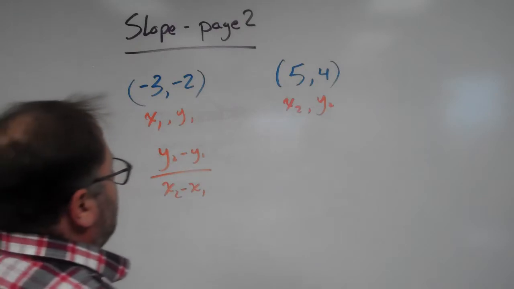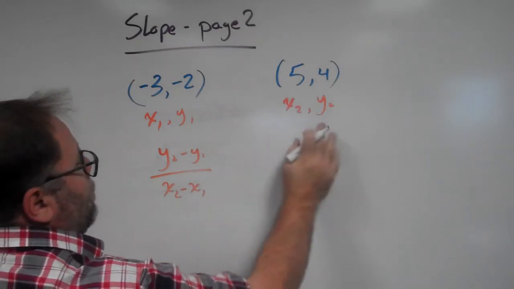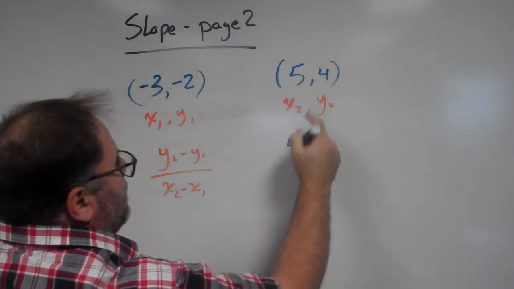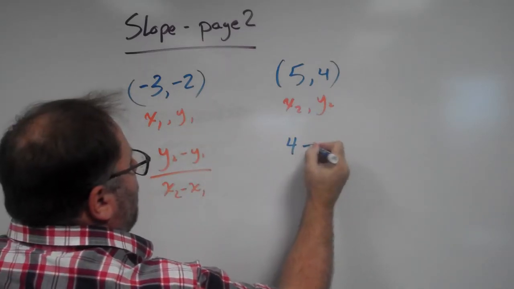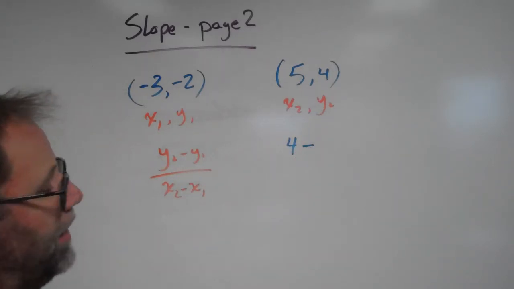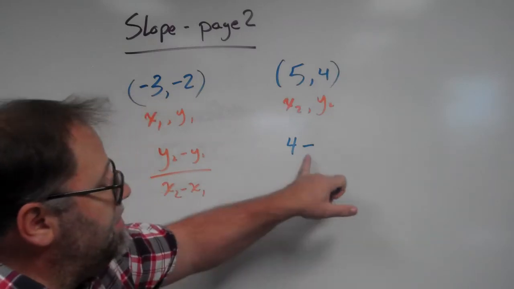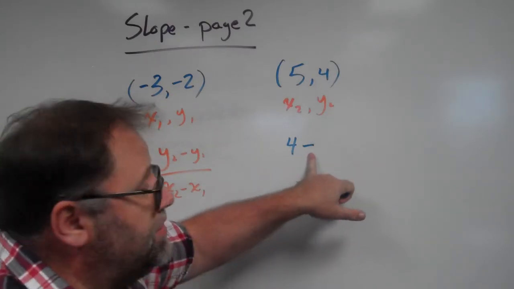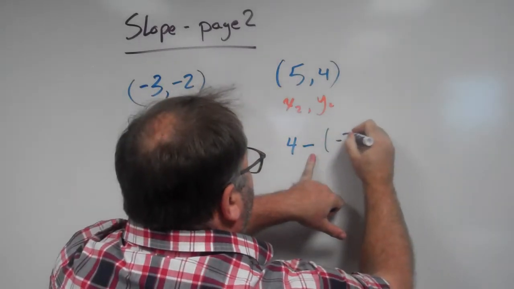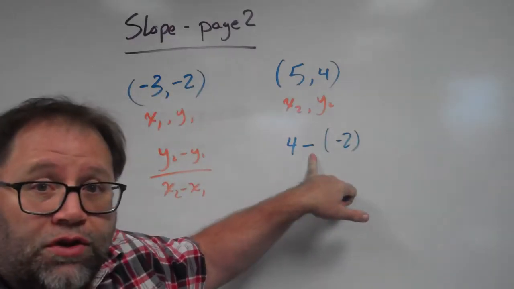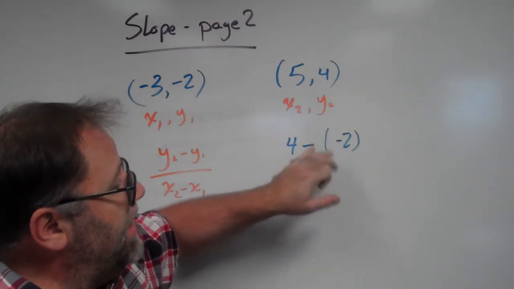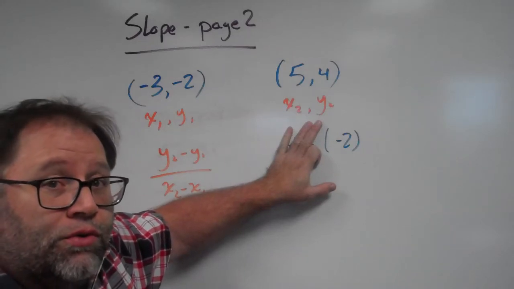When I write this in, I've got y sub 2 minus y sub 1. Okay. Now, this sign stays always. Second term is negative 2. This sign is not the negative on that 2.